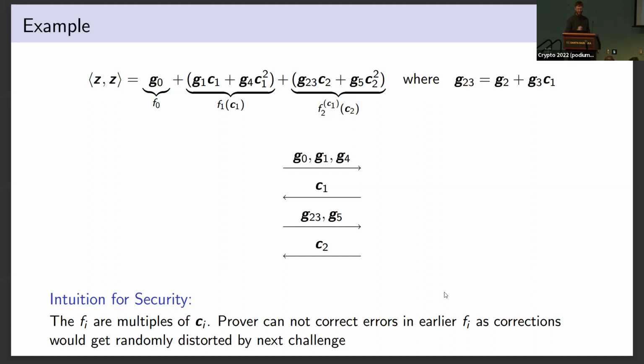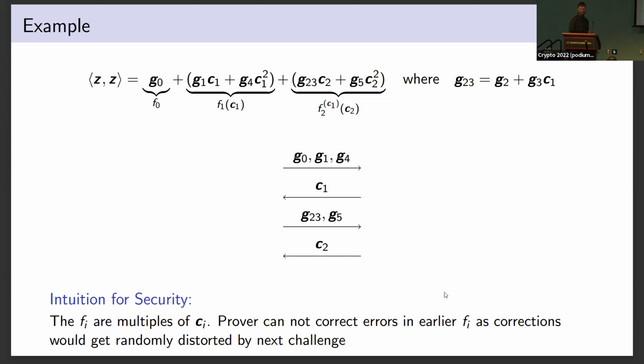This is a univariate polynomial in C2, but the coefficient of C2 implicitly depends on C1. In the protocol, the prover first sends all the terms at the beginning that don't depend on anything, then he gets C1, and then he can compute this G23 term and send it together with G5, and afterwards get C2. So already in this basically degenerate example for n equals 2, we see that we went from 6 garbage terms to 5. So we have some reduction here.